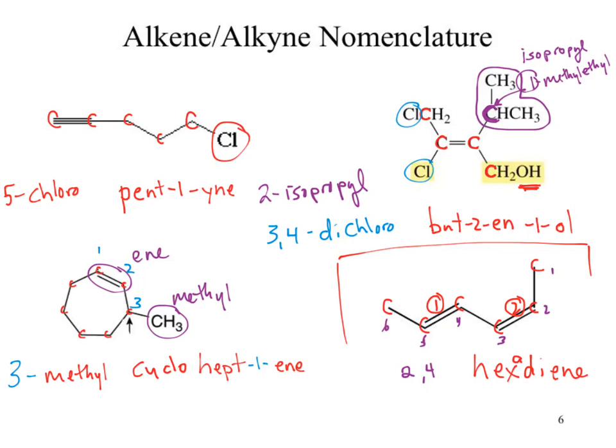Okay. You'll notice that I did not put this in any particular alphabetical order. Why not? Because I always get confused by the alphabetical order, so I hope I don't have to worry about it. Okay. Typically, you don't. Okay. Which one comes first? Dichloro or isopropyl? Pretty much any way you look at it, your chloro officially comes first. Okay.